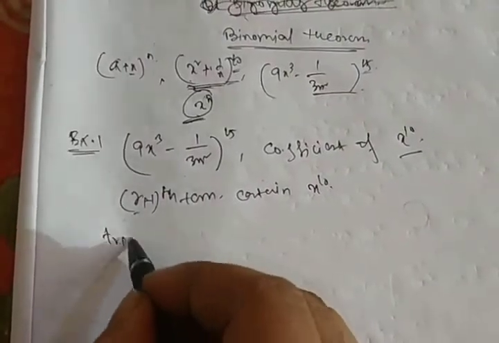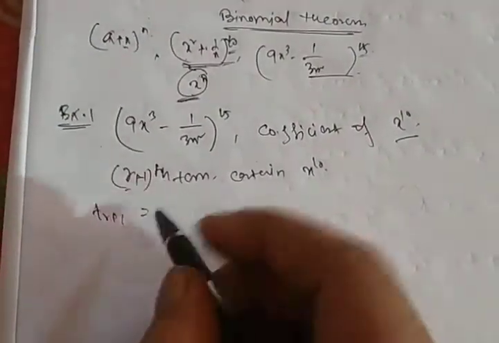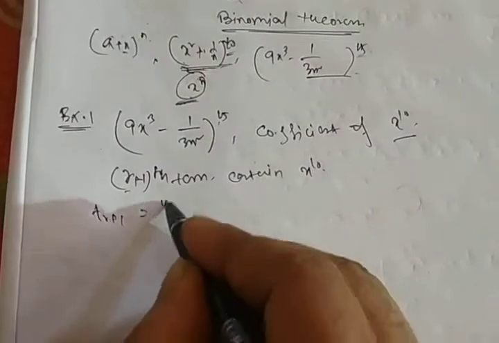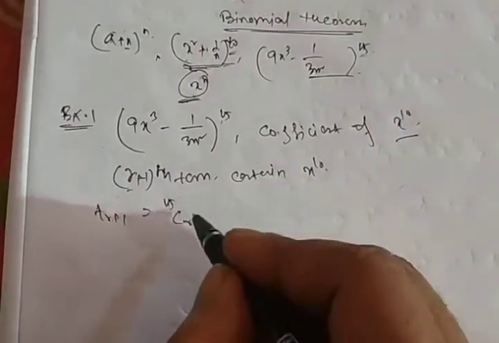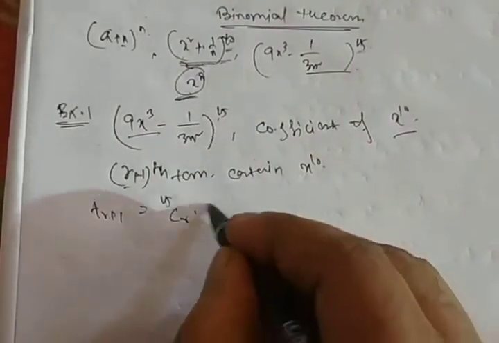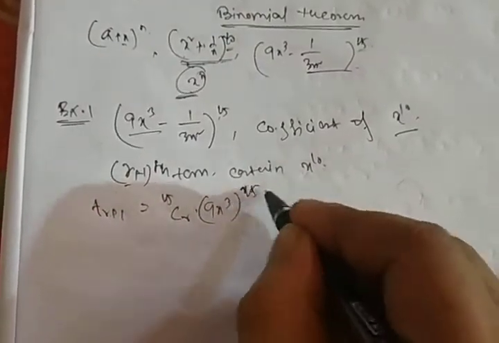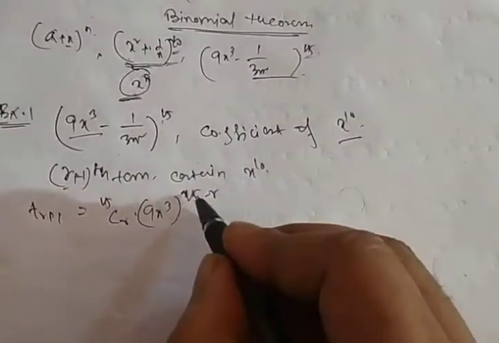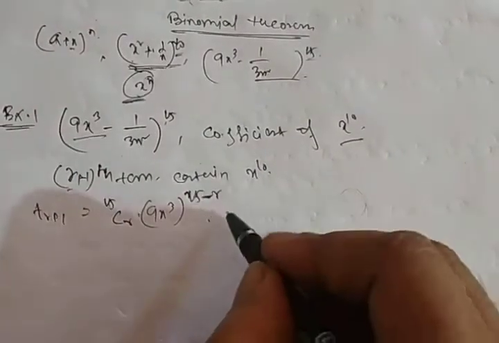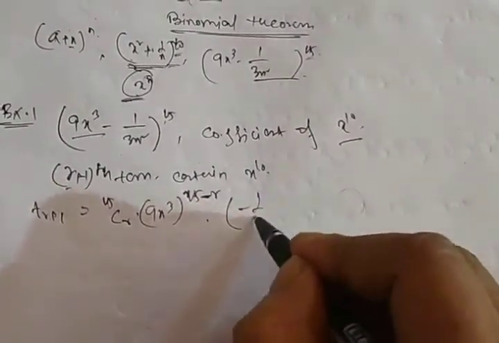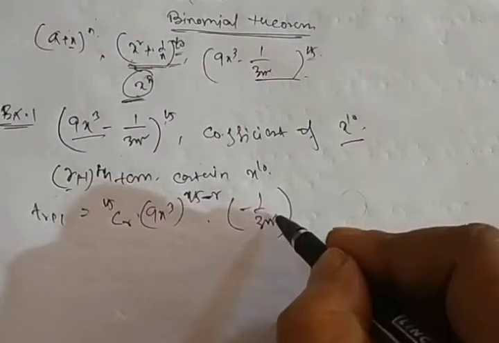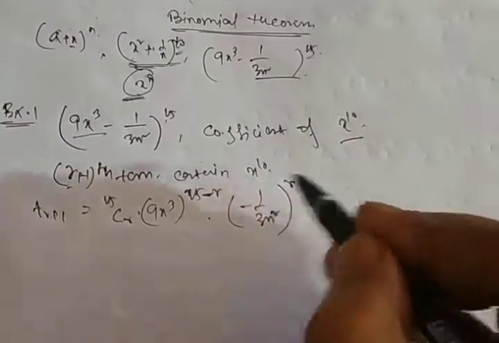So by the general term formula, T(r+1) equals 15 C r, a means 9x cube, so (9x cube)^(15 minus r) into b means (minus 1 by 3x square)^r.